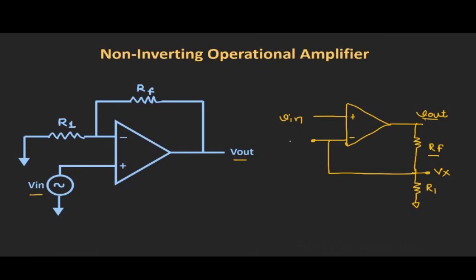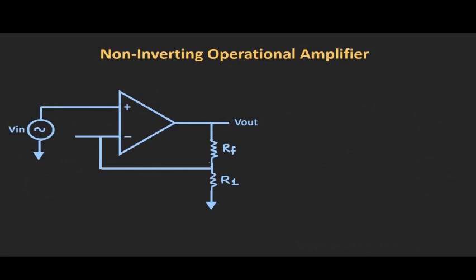So here we have applied the input to this non-inverting input terminal, and we have a feedback resistance RF between the output and the inverting input terminal. And if you see here, one end of this resistance R1 is connected to the resistance RF, and another end of this resistor R1 is connected to the ground. So the fraction of output voltage is going as a feedback to this inverting input terminal.